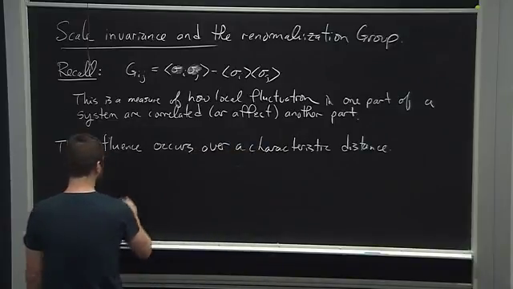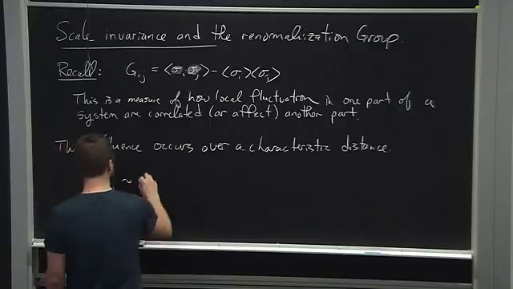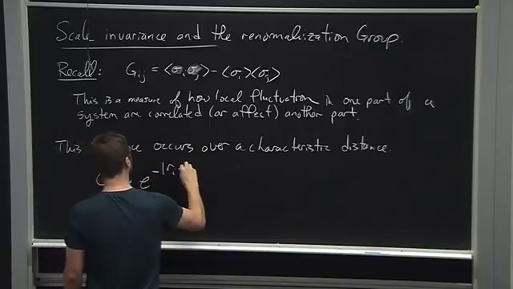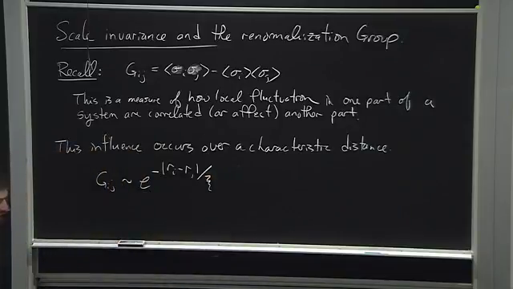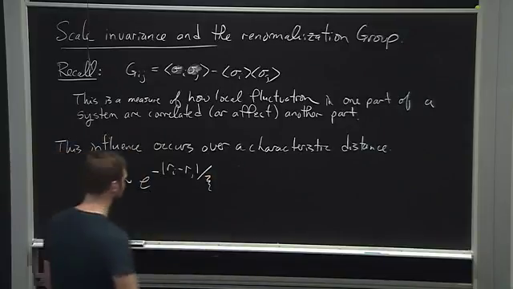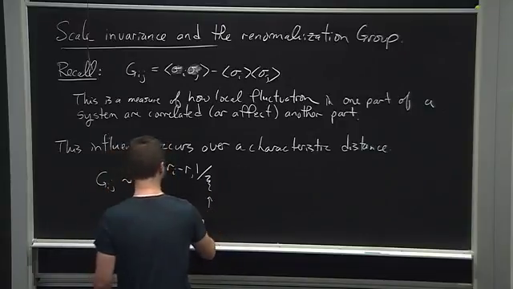And as you know, it's defined by G_ij going like e to the minus R_i minus R_j over ξ, which is defining this characteristic length or distance.